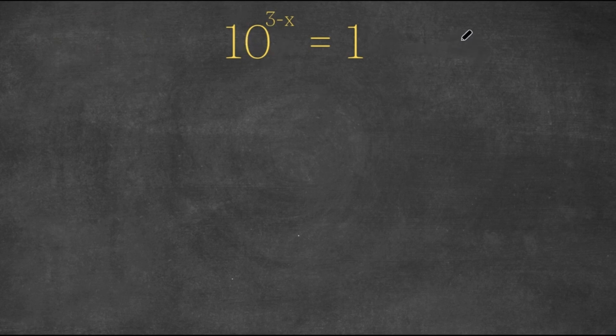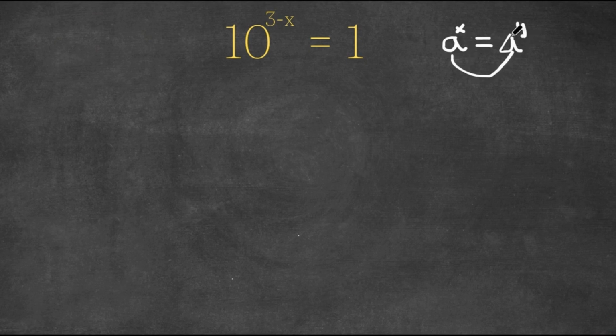Because let's just say I have a to the power of x, and this is equal to a to the power of y. Well, we know that these two terms are equal to each other, and both of them have a base of a.